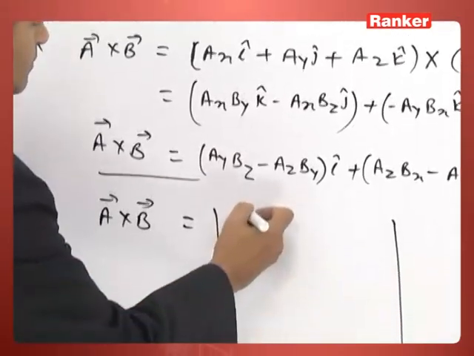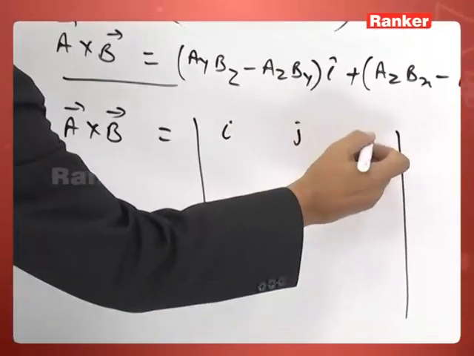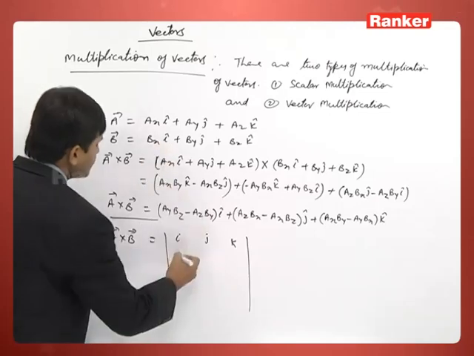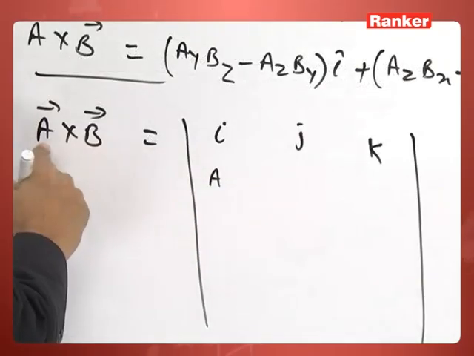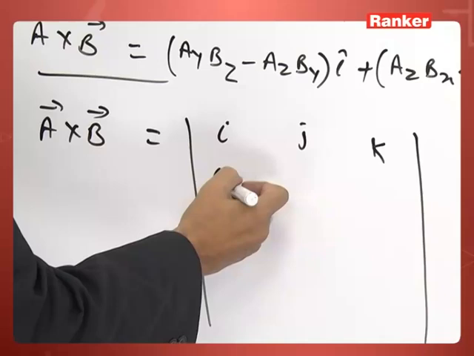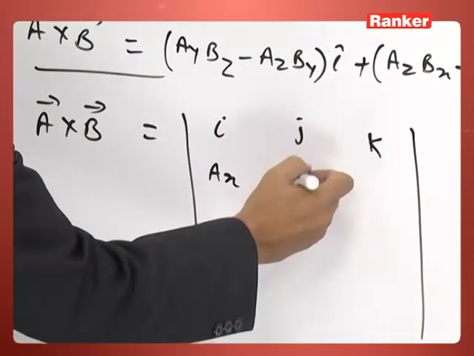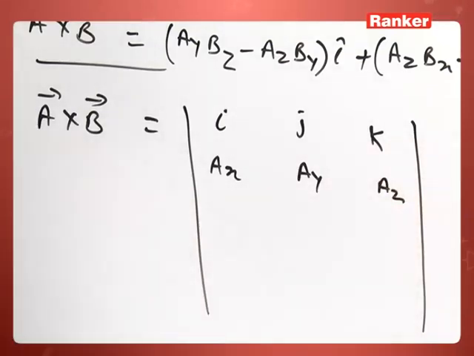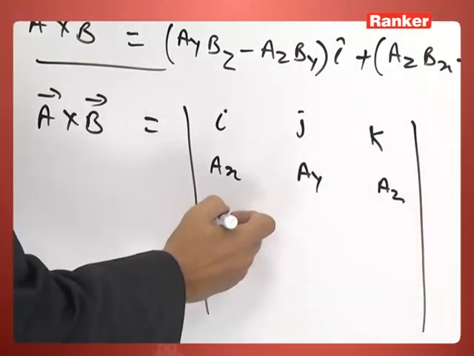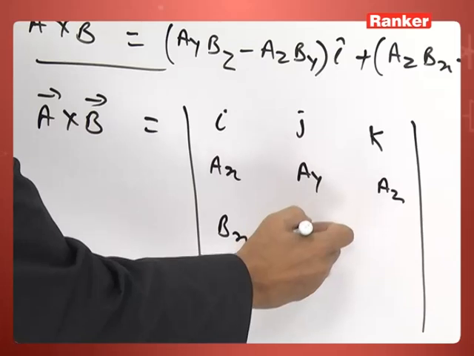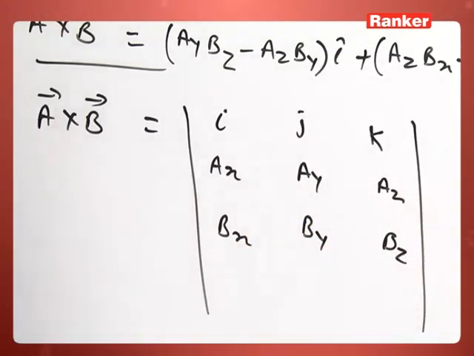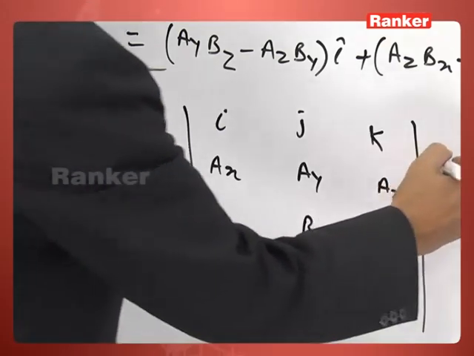So first write down i, j and k and then their corresponding coefficients. For A cross B, first write the coefficients of A, ax, ay, az. Then write the coefficients of B, bx, by, bz, and this determinant we can solve.